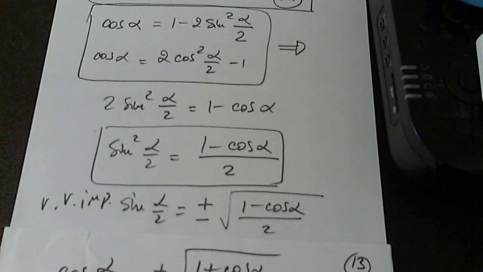And what will be the last formula for tangent alpha over 2? Of course, this over this: plus or minus the square root of (1 minus cosine alpha) over (1 plus cosine alpha). I meant to write minus at the top. It's this over this.